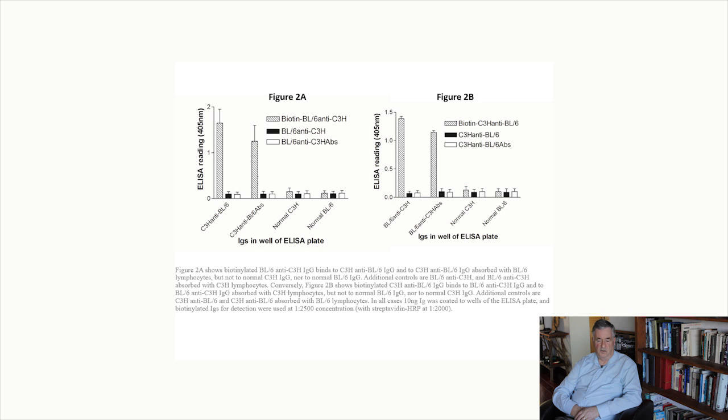Here is the data from that experiment, and you can see that in both cases, if you look at the fine details, I won't go through it in detail, but the large bars are demonstrating the presence of anti-anti-self antibodies in both the straight sera, alloimmune sera, and also in alloimmune sera that had been absorbed against the immunogen.